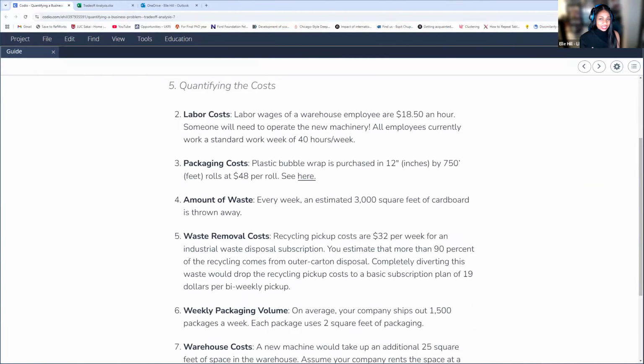So let's say if someone is working like 1.5 hours on the machine, that's going to change. If they're working 2.5 hours on the machine, that's going to change. So we can't say it's going to be exactly 2 hours every time. Additionally, this is going to be 2 hours outside of the 40-hour work week. So this is why we're going to say it's variable. Does that make sense? That's a great point.